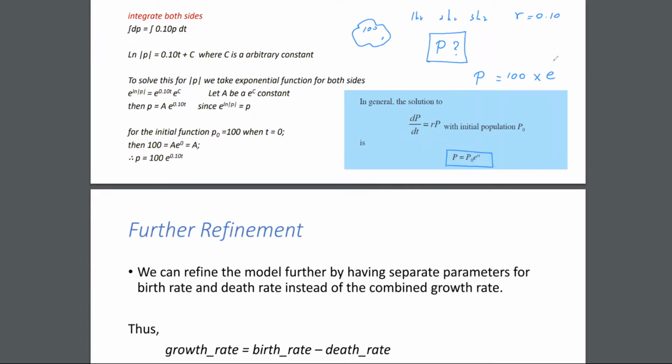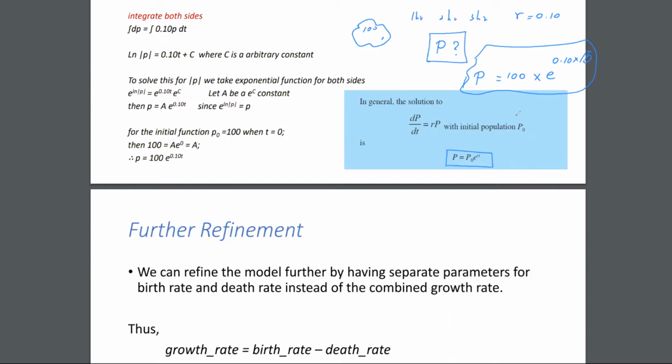For example, 10 hours, I can calculate that straight ahead. For 15 hours, I can just plug it in and calculate. So this equation will give you the population for any amount of time. So it's very easy in that case, right?